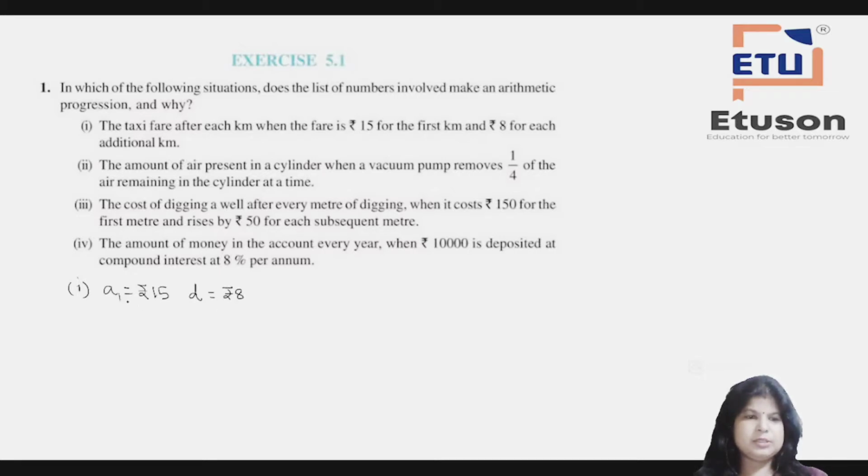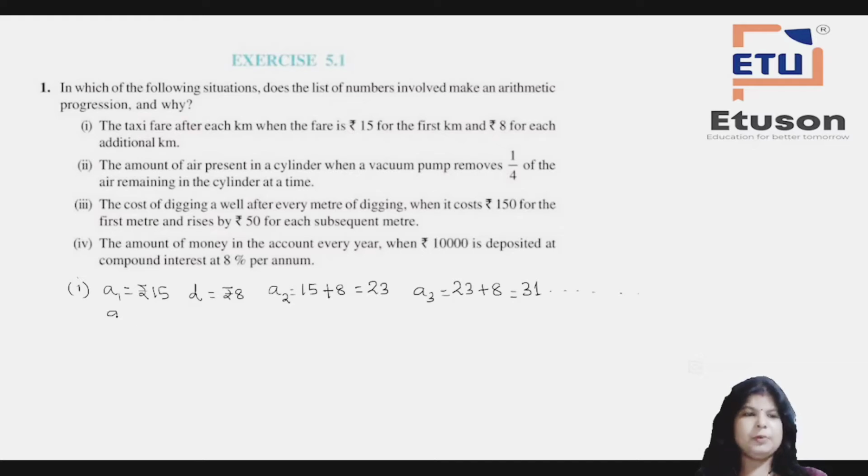So your first term, let it be A1. Now A2 will be equal to 15 plus 8, that is 23. A3 will be equal to 23 plus 8, that is 31. So on and so forth. So the common difference is already given.